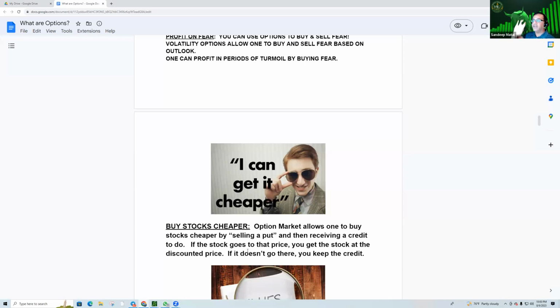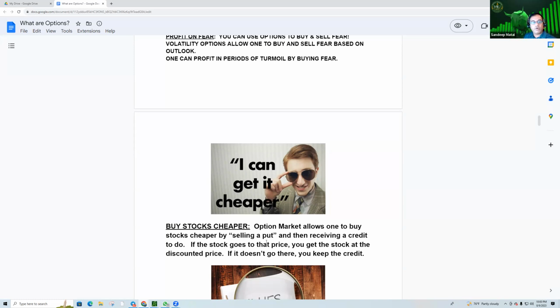I don't want to get complicated, but just know that there's a way that you can actually buy stocks cheaper by selling puts. For example, right now, Apple is falling. I'm doing that on Apple. Let's say Apple's at 170, 180. I'm selling 150 puts. If it drops to 150, I will get it at 150, plus I'll get the credit discount for that.